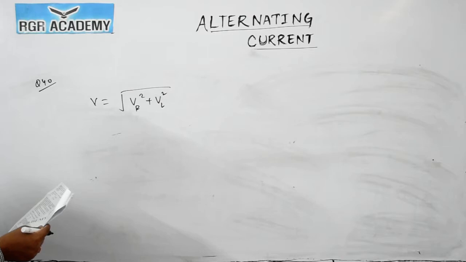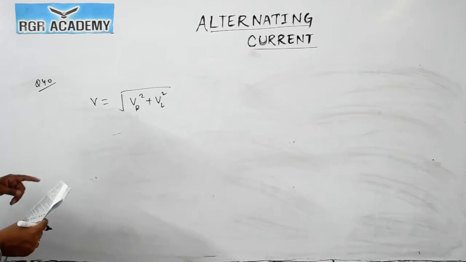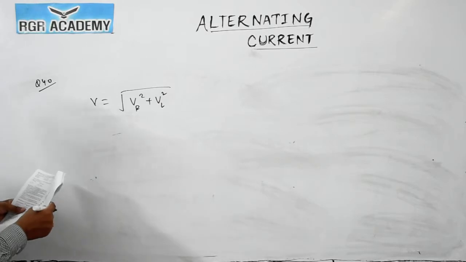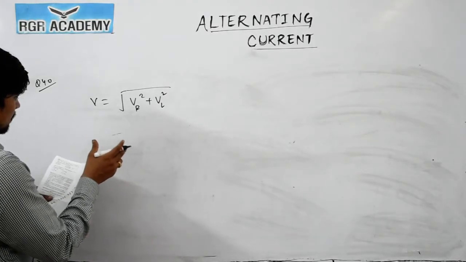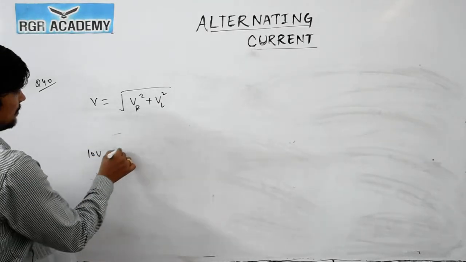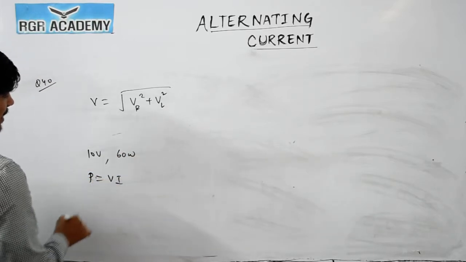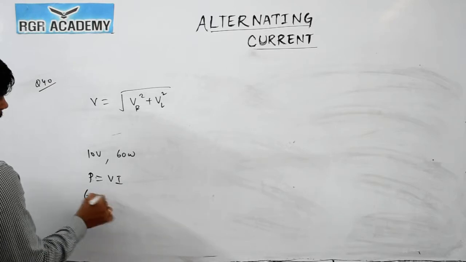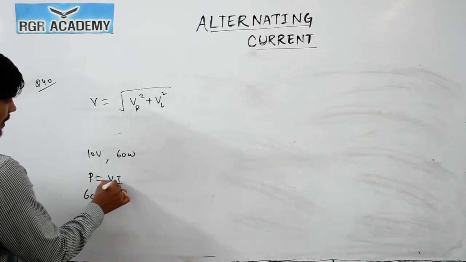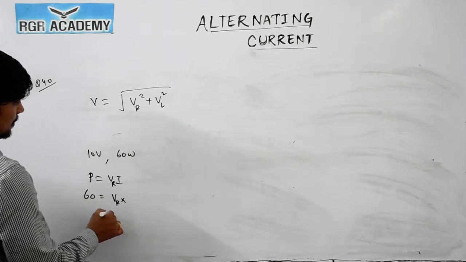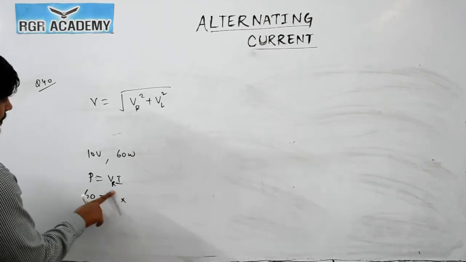See this, for that valve the potential drop is given as 10 volt and the power is 60 watt. We know that power equals V into I. So 60 equals VR into I, where VR is 10 volt.